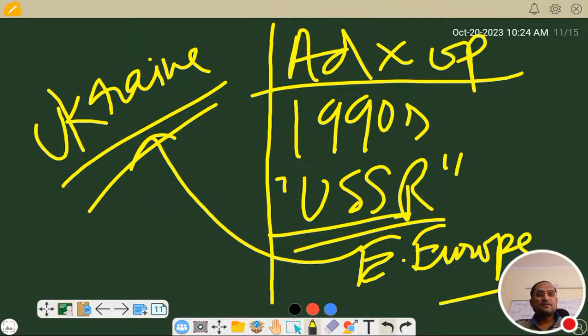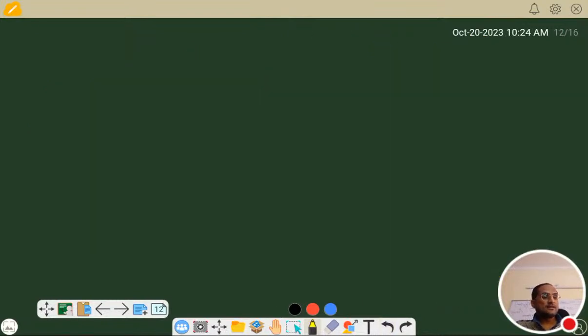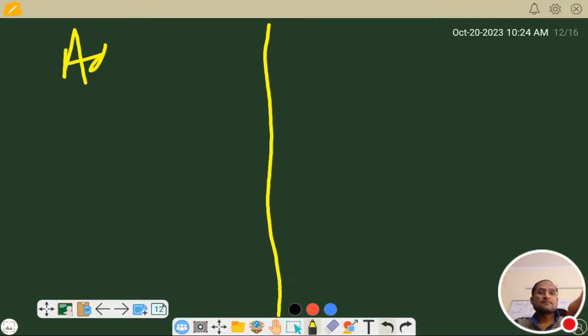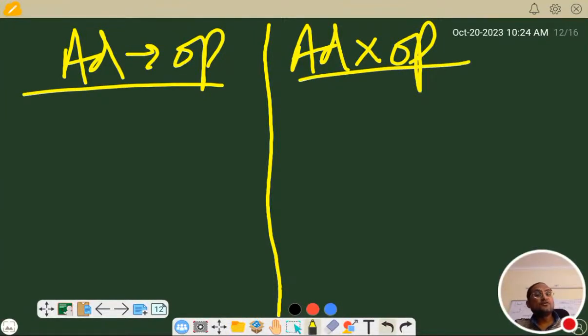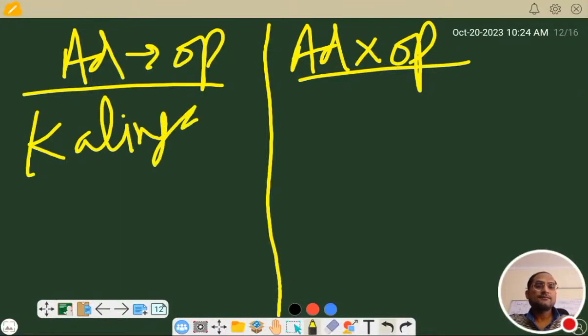Further, we will take example from Indian history. Adversity leading to opportunity. Kalinga War of Ashoka. A devastating war.